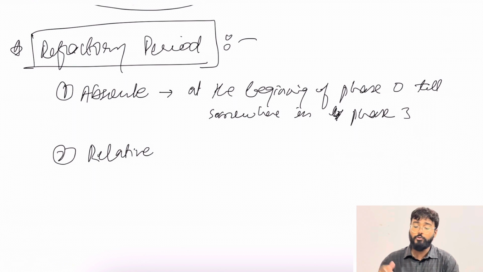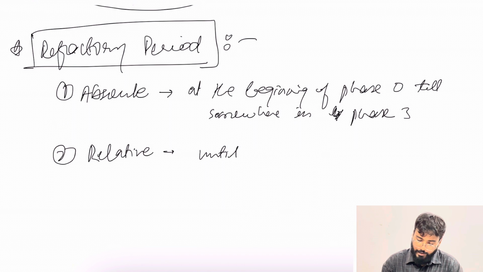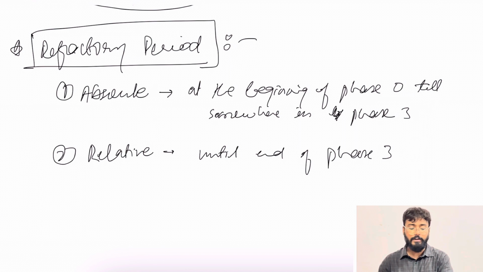From the beginning of phase 0 and somewhere in between phase 3, this absolute refractory period lasts, and there is no stimulus that can be given which can stimulate the cardiomyocyte in this period. And what about relative refractory period? The rest of phase 3 that is left after the absolute refractory period is your relative refractory period. So from there until the end of phase 3 is your relative refractory period.